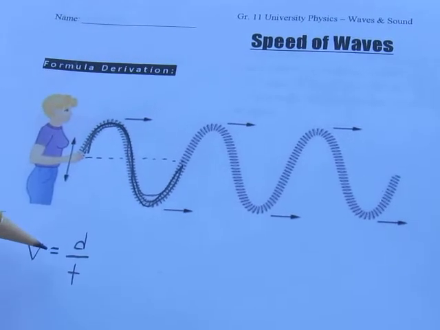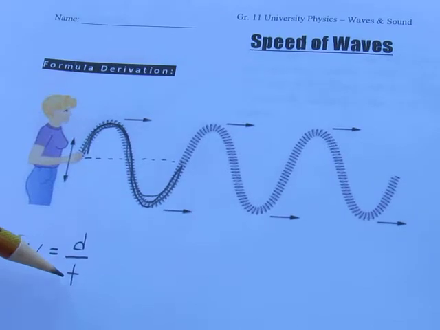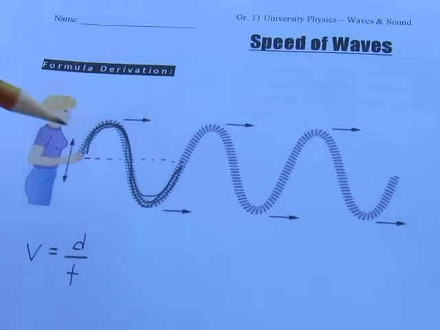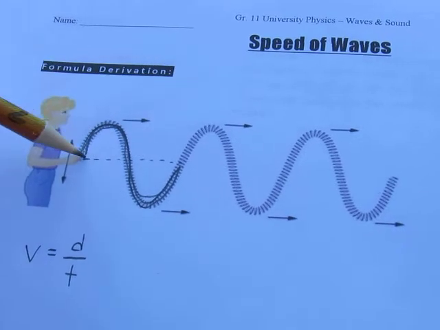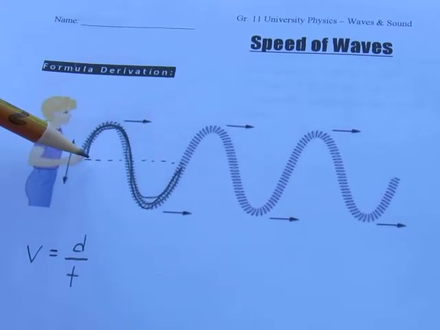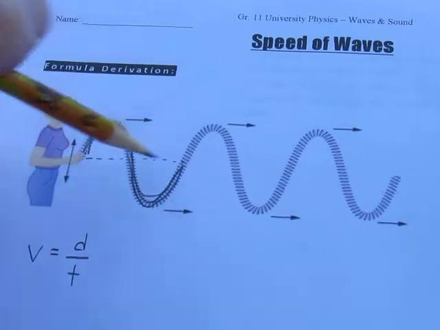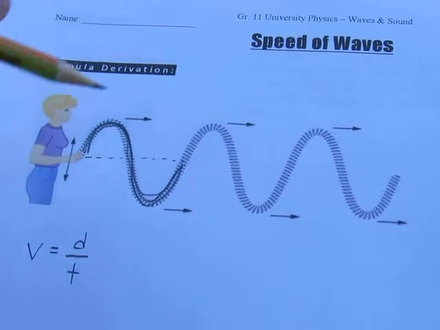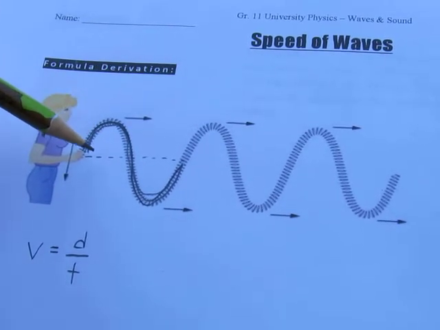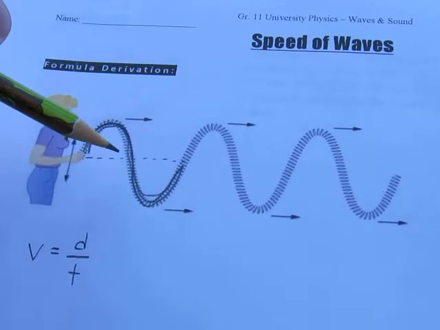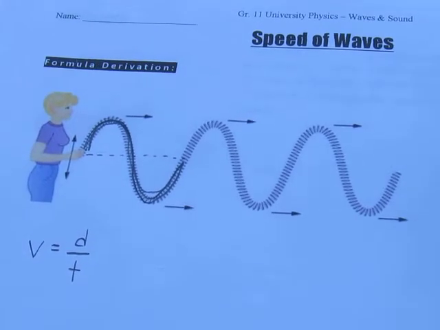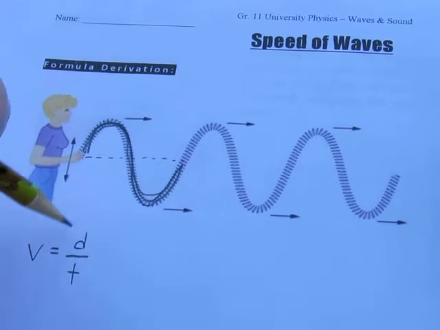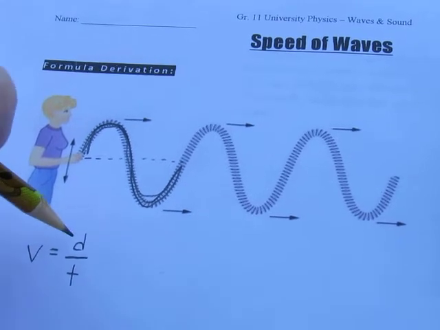So if speed is distance divided by time, the nice thing about using waves is we do have a definite distance here that matches one of our wave characteristics, wavelength. So wavelength is an actual physical distance. And the time that it takes for one wavelength to pass is called period. So we've got two wave characteristics that we can use in this formula instead.